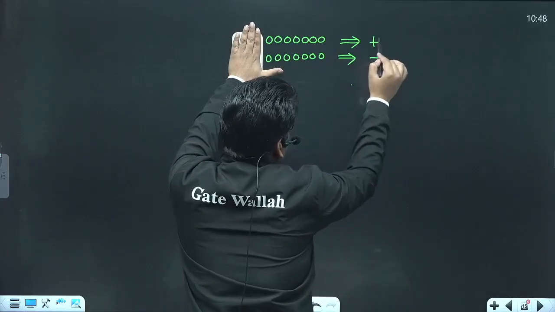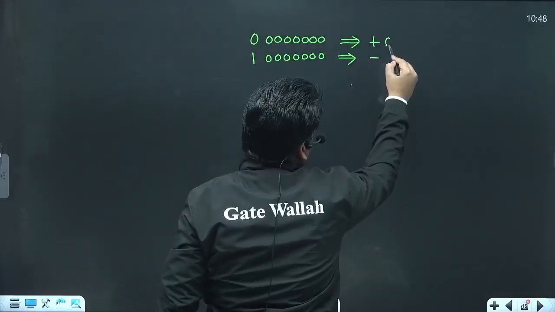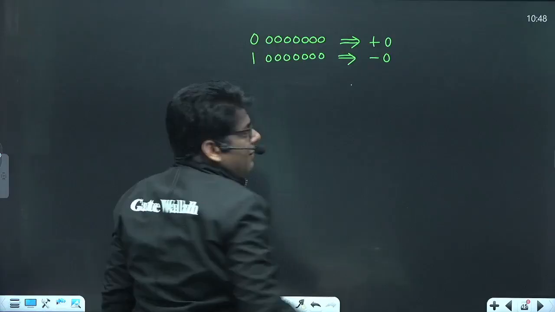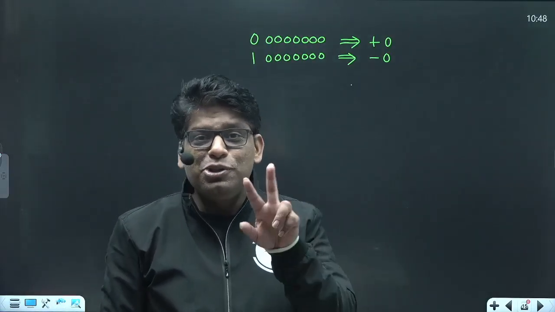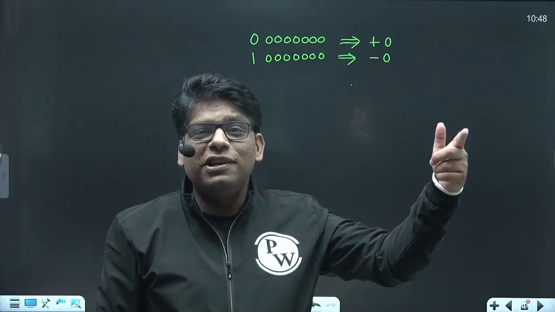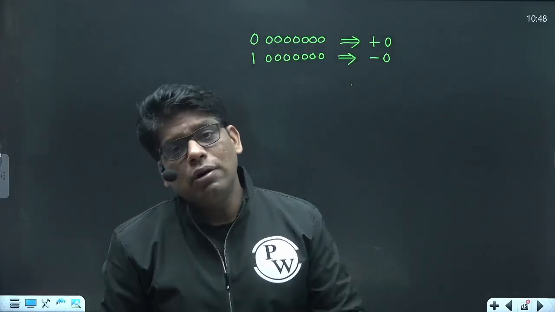That is why, try to understand, for the computer, is it possible in mathematics to have two zeros? One 0 is positive 0 and another 0 is negative 0. It will create a lot of confusion.